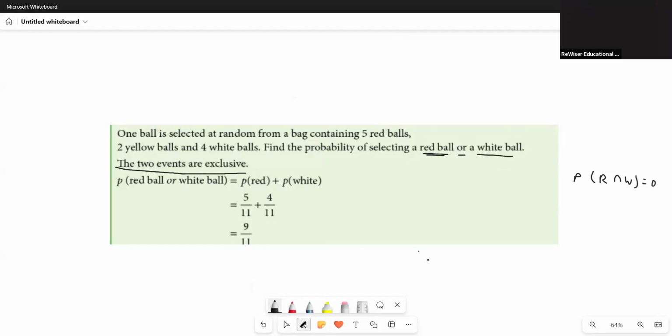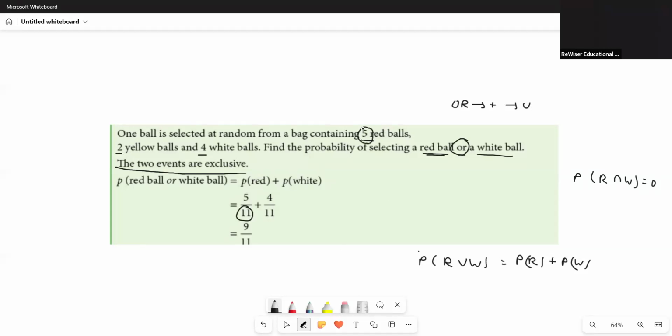If the keyword is OR, as I already told you, OR means to add, or means to union. So the probability of red union white should be equal to the probability of red plus the probability of white. The probability of a red ball: the total number of balls is 5 plus 2, 7, plus 4, 11. That's the total number.